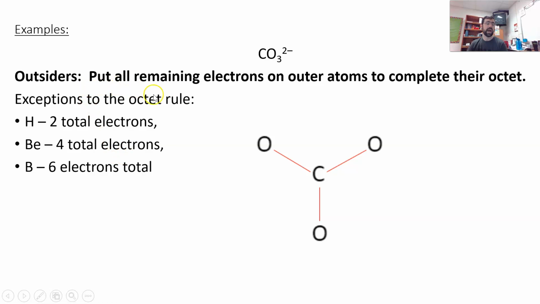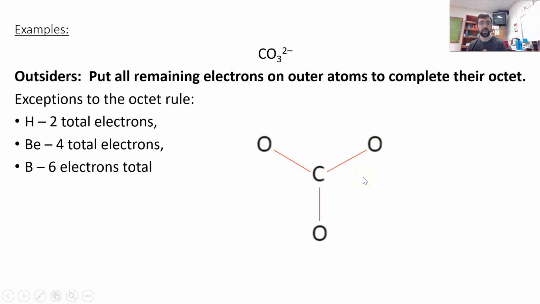Then we want to do the outsiders. We're going to put all the remaining electrons on the outer atoms until their octets are complete. Remember, oxygen, like most atoms, wants 8 valence electrons. The only exceptions to that are hydrogen, beryllium, and boron. Oxygen's normal. It wants 8 valence electrons. So right now each oxygen has 2.